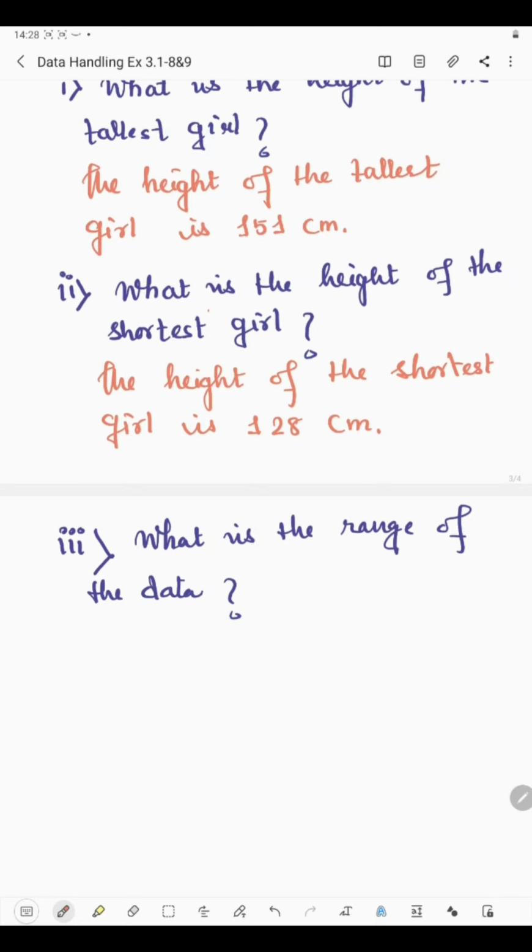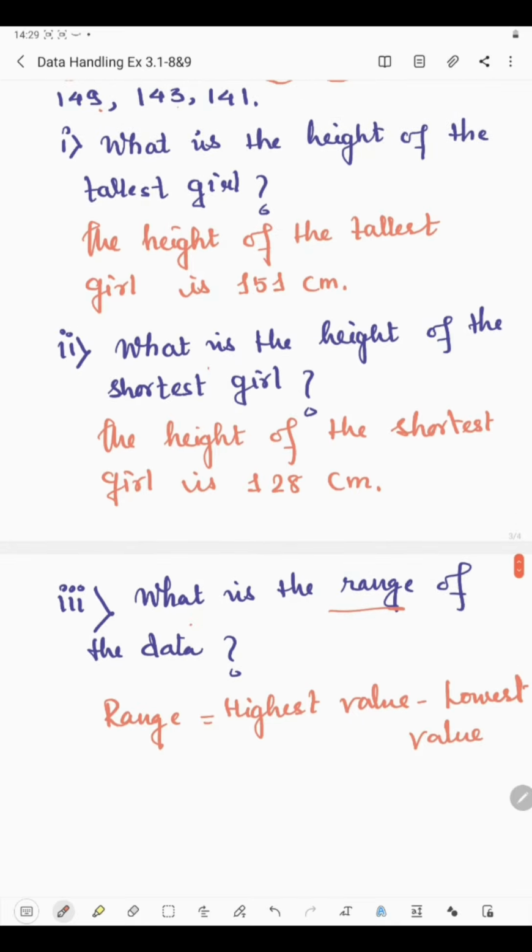Now coming to the third part. In the third part we have what is the range of the data. Range means the difference between the highest value and the lowest value. In the previous part we have already got the highest value and the lowest value, right?